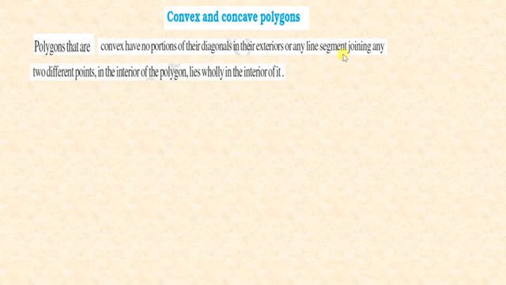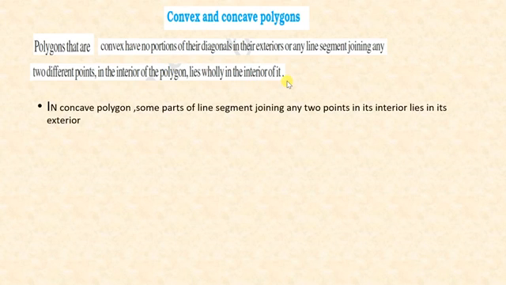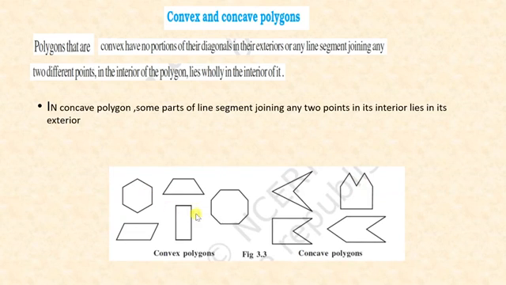You can say any line segment joining any two different points in the interior of the polygon lies wholly in the interior of it. Means if all the diagonals of a polygon lie in its interior, and no part of any diagonal lies in the exterior of the polygon, then that polygon is called a convex polygon.